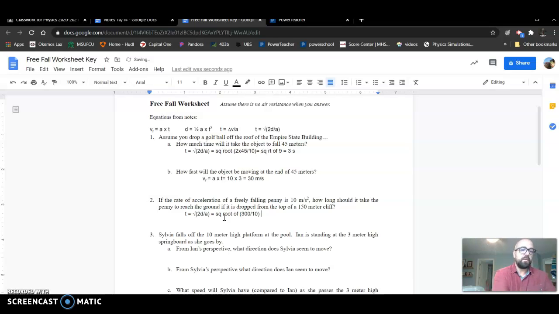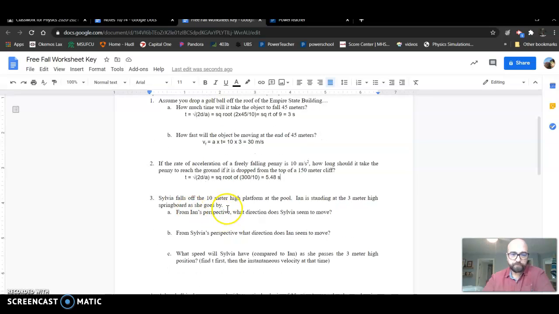And 300 over 10 is 30, so I need the square root of 30, which is 5.48. And again, that unit is seconds. So once you knew to use the right formula here, then I think that one's okay.